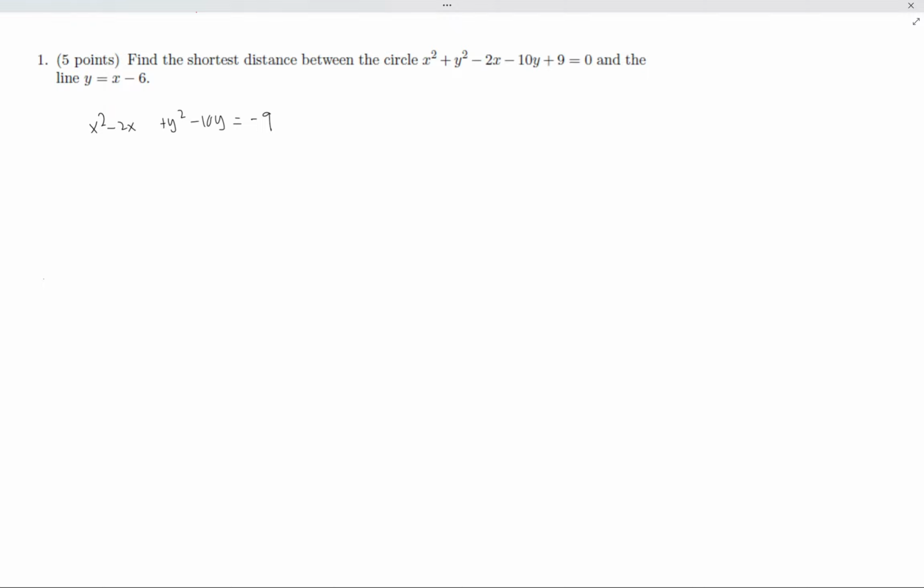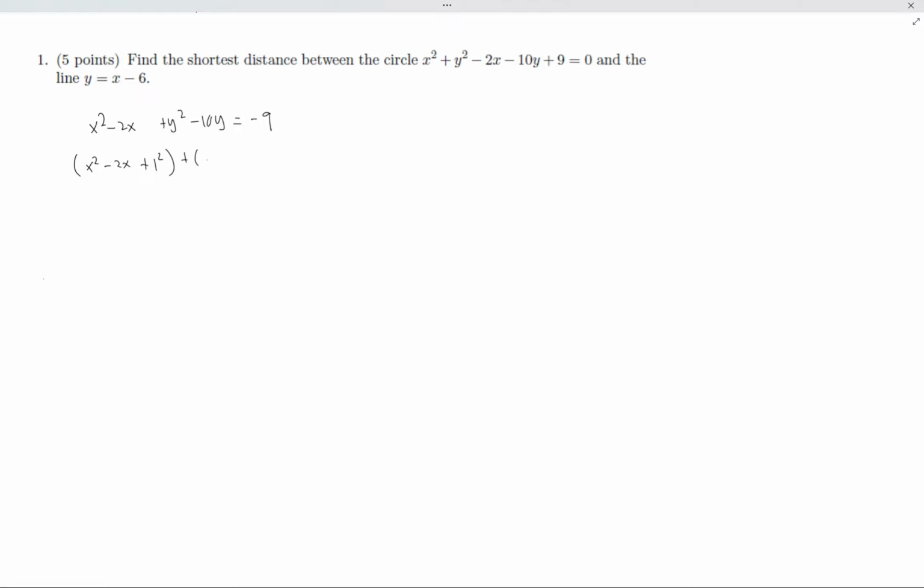Now I have to complete the square for each of them. In order to complete the square, you look at the second term, divide it by 2, and square that quotient. So I have x squared minus 2x, and half of 2, again divide this by 2, is 1. So I have here 1 squared.